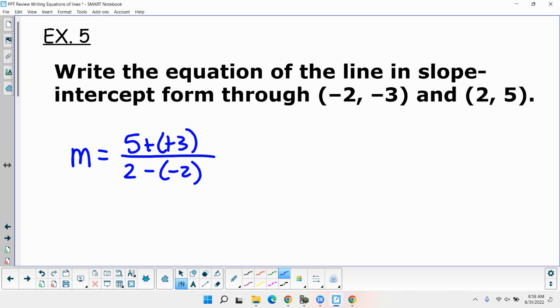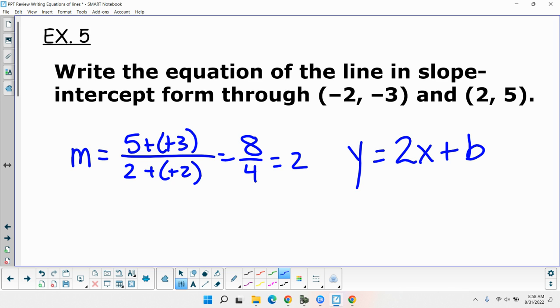So plus and a plus. So my m is 2. So I can start my equation. I know that much now, right? Now you just do what we did before. You pick either point you want to find b. Most of you are picking the positive ones, which is fine. That's probably what I would do too.